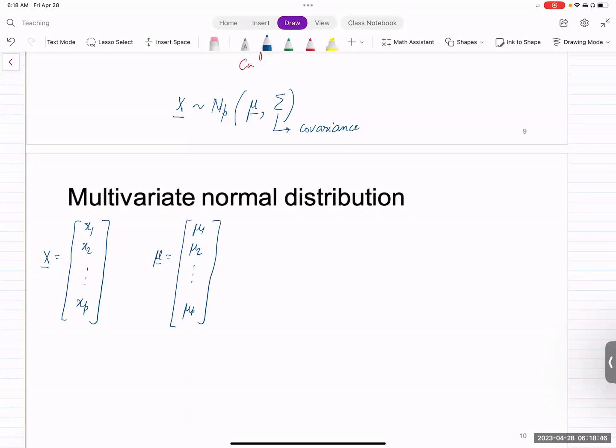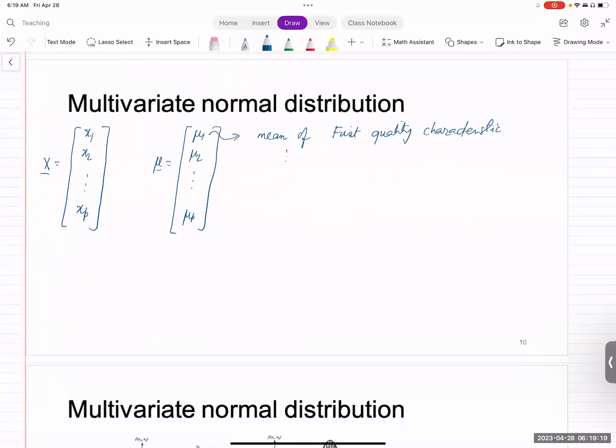And mu1 is the mean of the first quality characteristic, and so on and so forth, okay? Just dot, dot, dot.